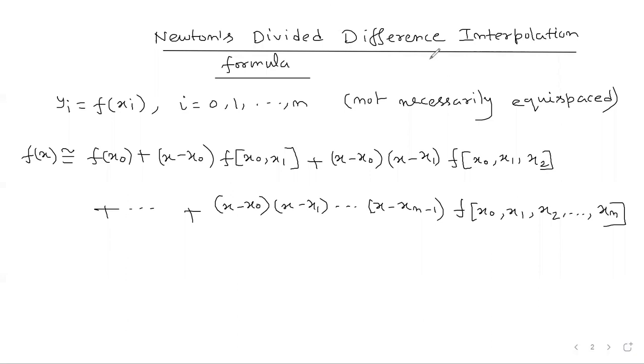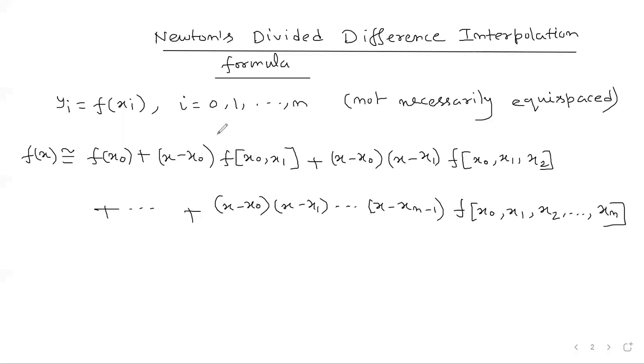We have seen that for Newton's forward and backward interpolation, the data set has to be equispaced, but here we don't have such restrictions. So for any kind of data set, equally spaced or unequally spaced, we can fit a polynomial f(x) using Newton's divided difference interpolation formula. The formula is given by this.